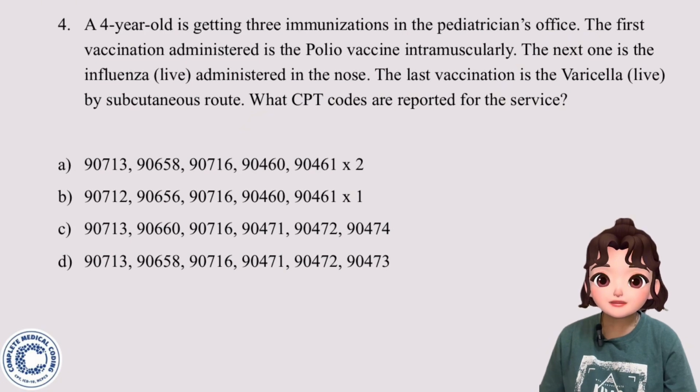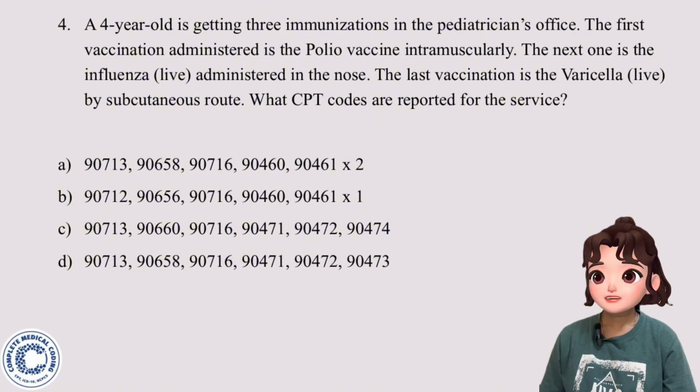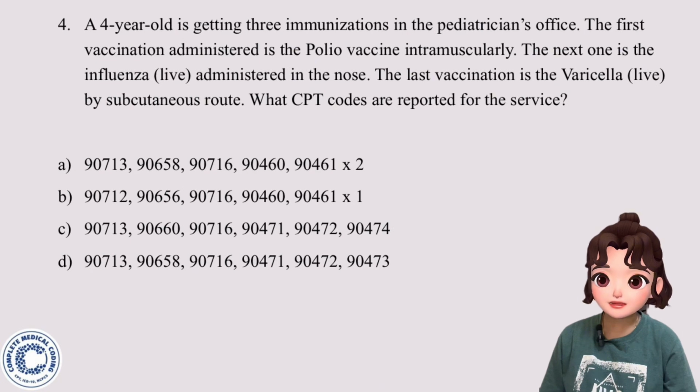Poliovirus vaccine, inactivated, IPV, for subcutaneous or intramuscular use. Poliovirus vaccine is given either subcutaneous or intramuscular, it's mentioned. In our question, it is intramuscular. So you can use that code 90713. What is 90658? I'm talking about option A, okay. What is 90658?